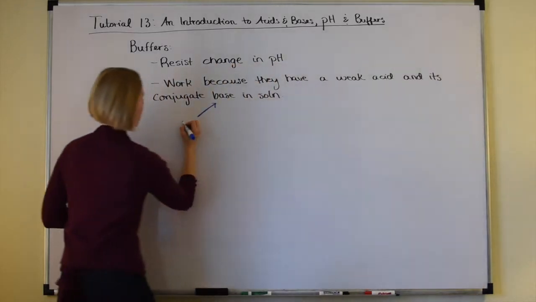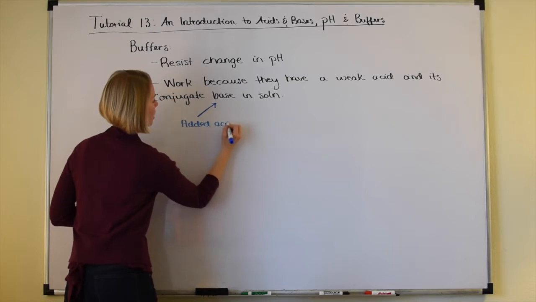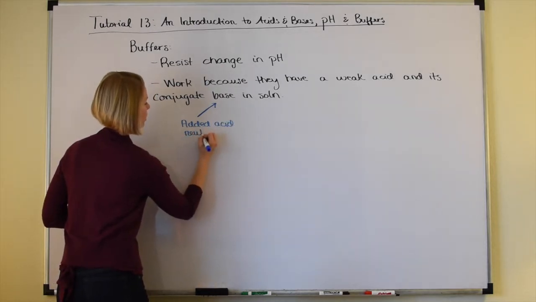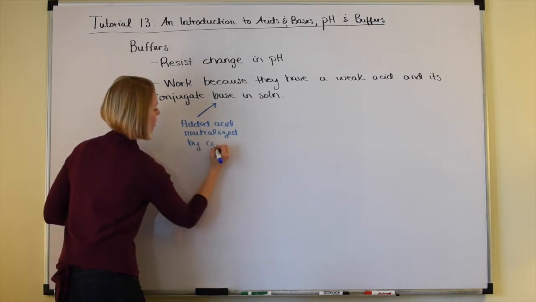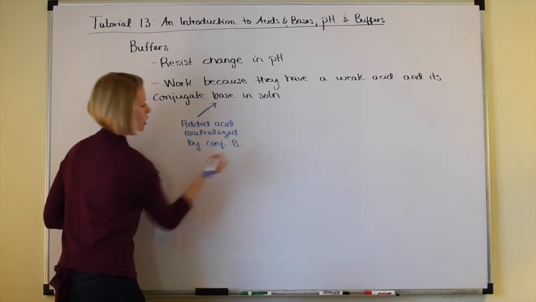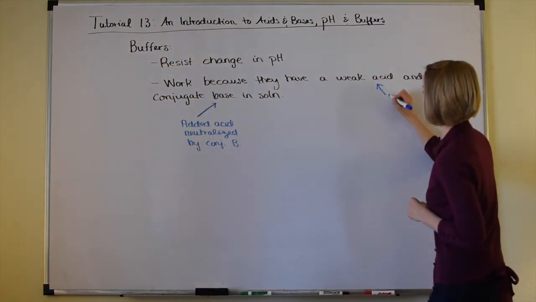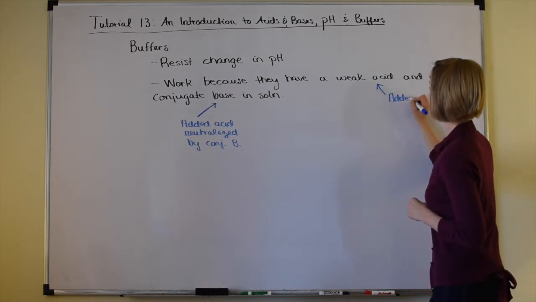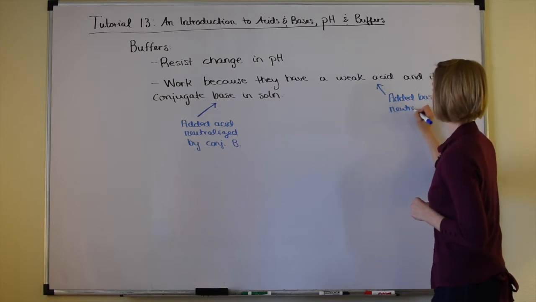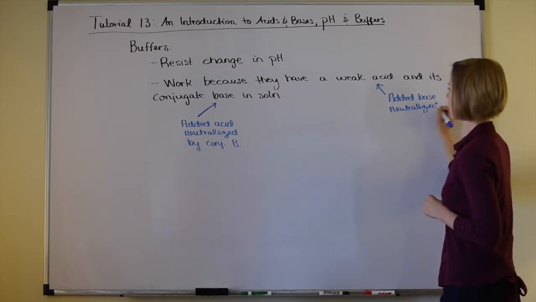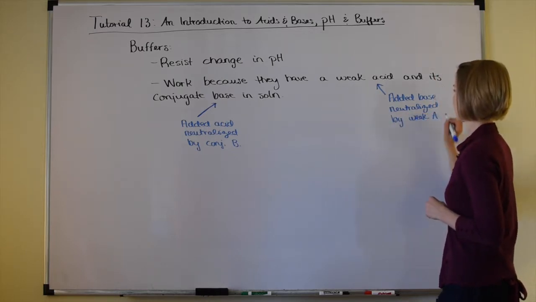So I'm going to write here, added acid neutralized by the conjugate base. I'll just write conj B for conjugate base. And any added base will be neutralized by the weak acid. I'll just write weak A.